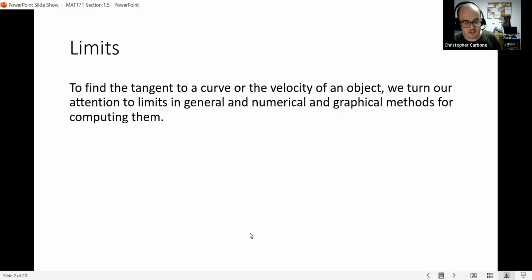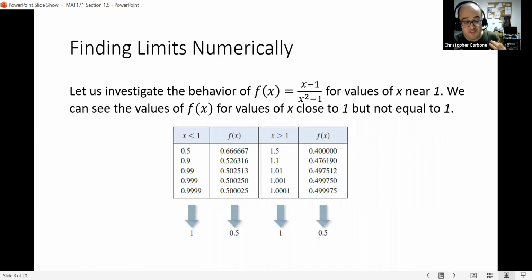We turn our attention to limits in general first, and the numerical and graphical methods for computing these limits, since once you look at the graph portion of it, the numerical tends to follow along with that a bit, at least in my opinion.